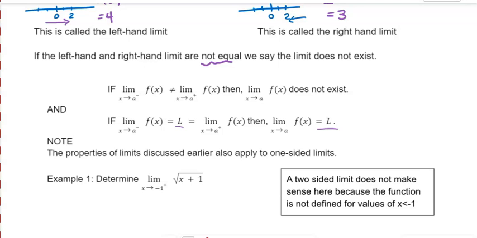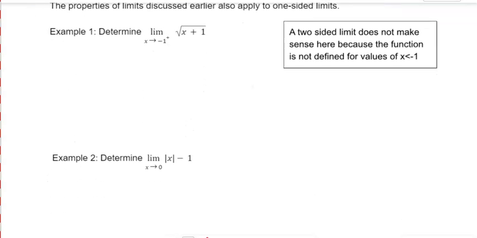So let's try an example. Okay, so let's look at the limit as x approaches -1 from the right of this function. In this particular case, we'll just draw this graph really quick. This is a square root function, and it's been moved over 1 unit to the left.